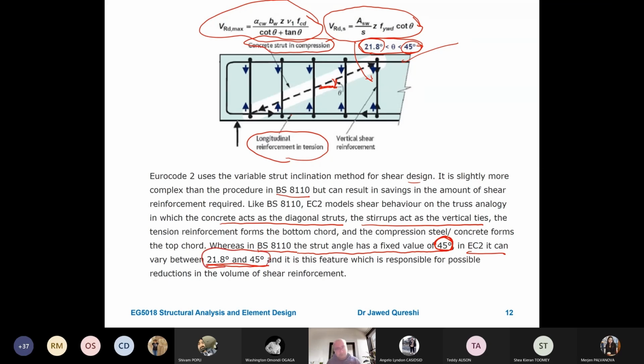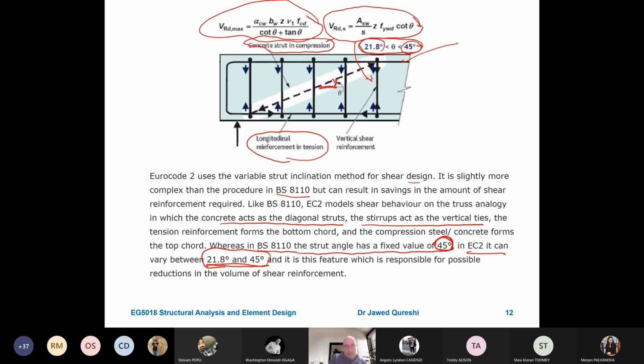I was trying to solve this problem and the angle taken was 21.8, and then suddenly you will say, okay, where did you get this angle from? So that's the reason I thought I should add something that describes this angle. And then how do we get these angles? It is through many experiments carried out on these beams, and after that these angles were established.